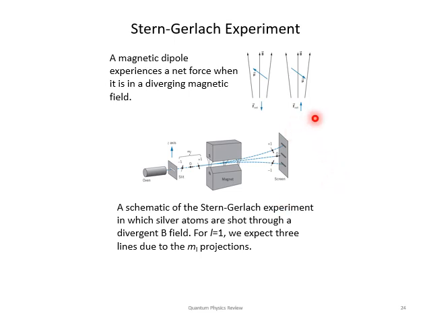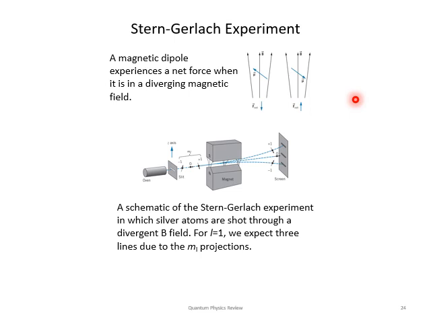When we apply a magnetic field, and that magnetic field is non-uniform, then it turns out that there's a net force that is exerted on a magnetic dipole. So if I have a dipole with magnetic moment mu moving through the magnetic field, then if there is a uniform magnetic field, there's no net force on the dipole. But if the magnetic field diverges, there will be a force on the dipole.